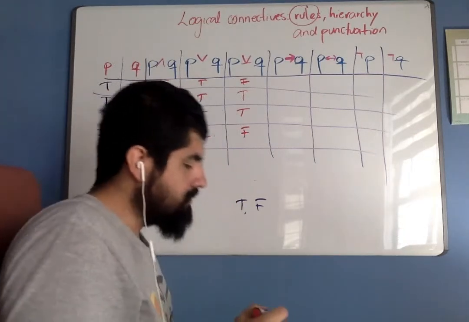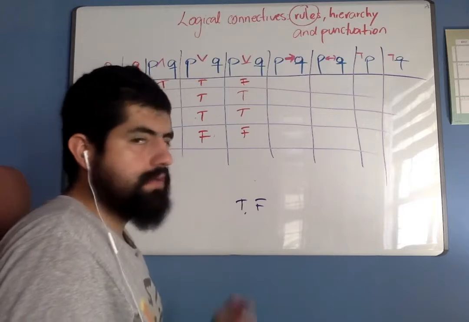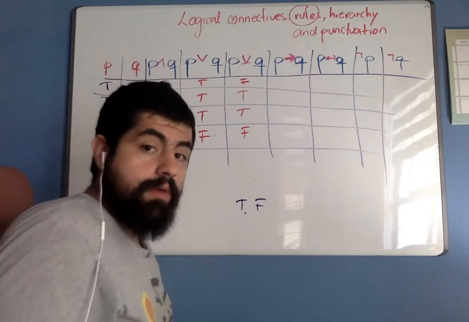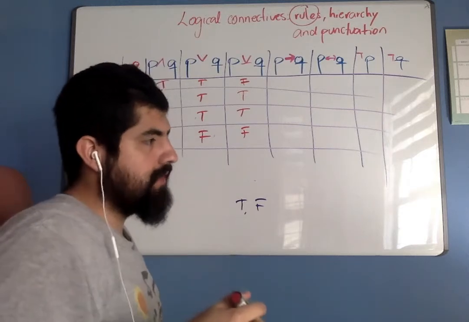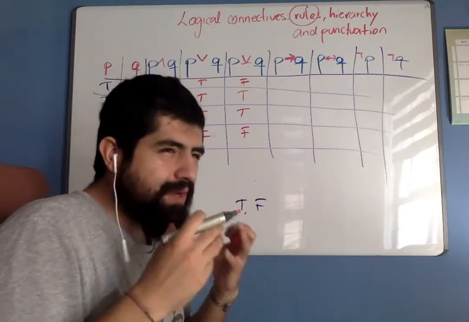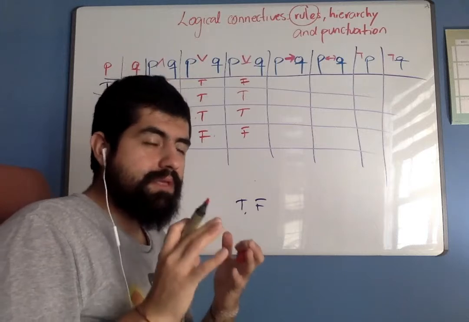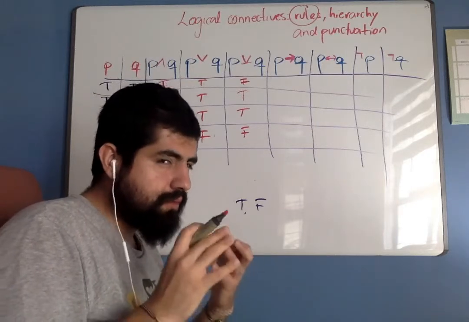In the conditional, the rule of the conditional is it is always true except when the antecedent is true and the consequent is false. Remember, we already saw the conditional syllogism, so supposedly you know this.